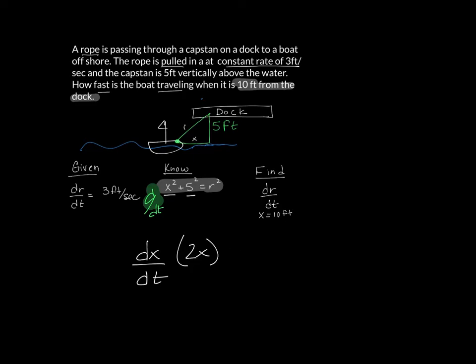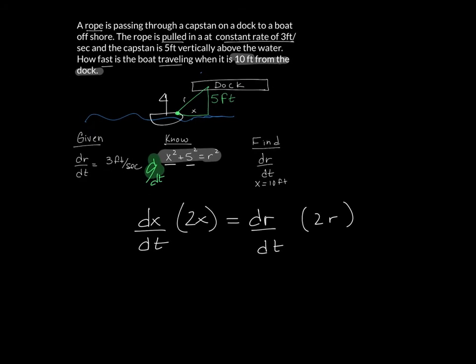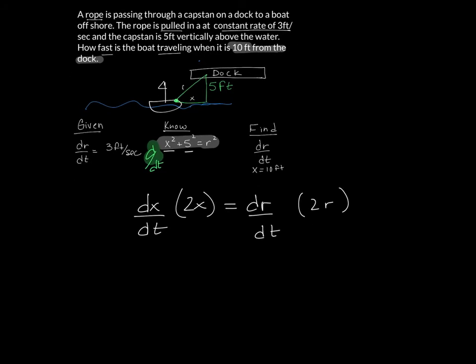And then the derivative with respect to t of r squared gives us dr dt times 2r. The 2's we don't really need. We can cancel those out by dividing both sides of the equation by 2. So I get dx over dt times x is equal to dr over dt times r.